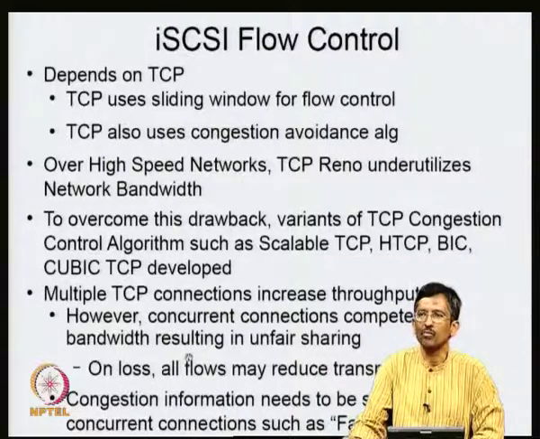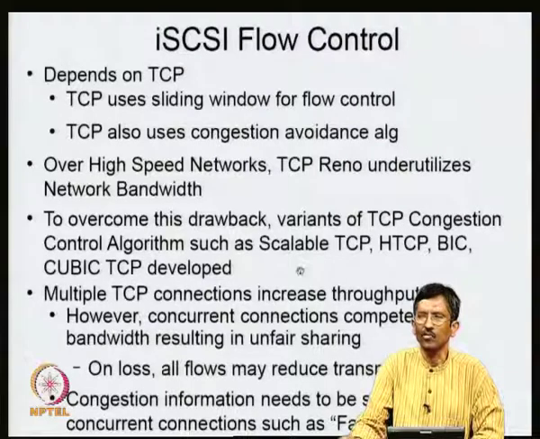And also there are some problematic aspects of TCP. There are what are called synchronization aspects. For example, if a packet has been sent between two nodes and there is a loss, then the kernel implementation of TCP is common to all the flows.